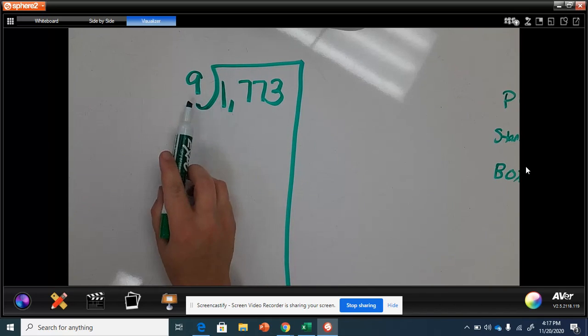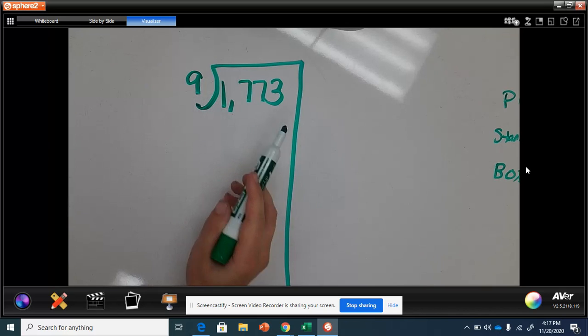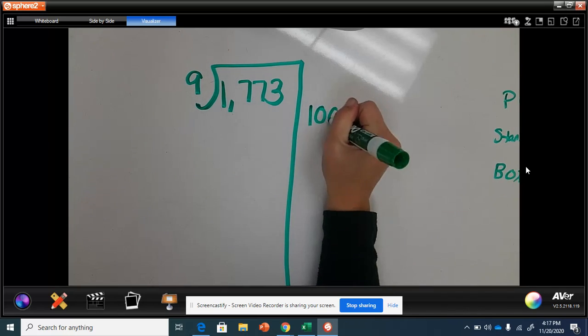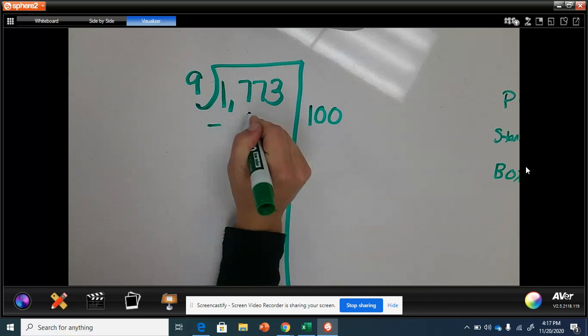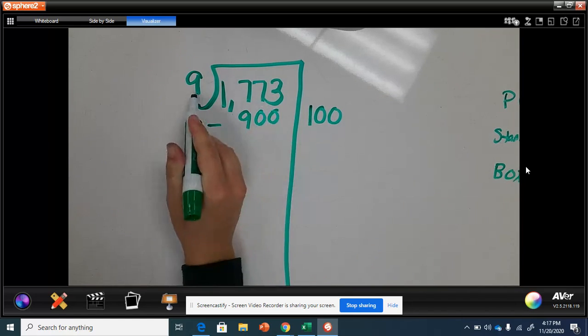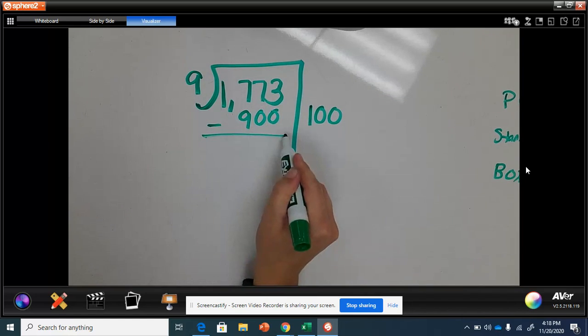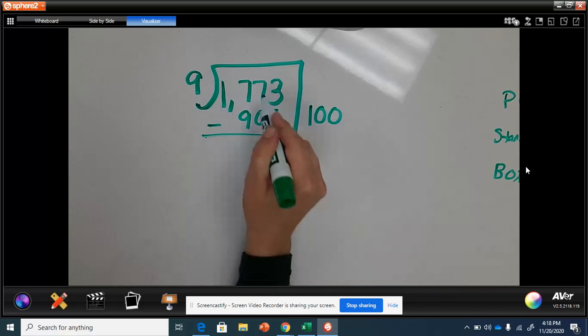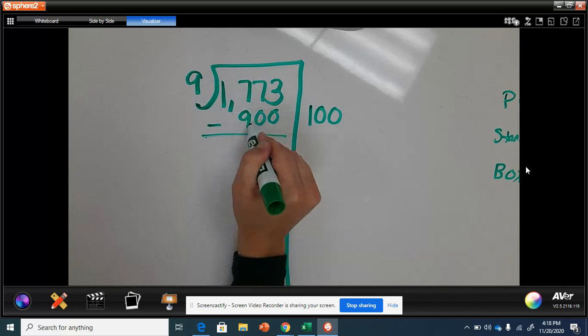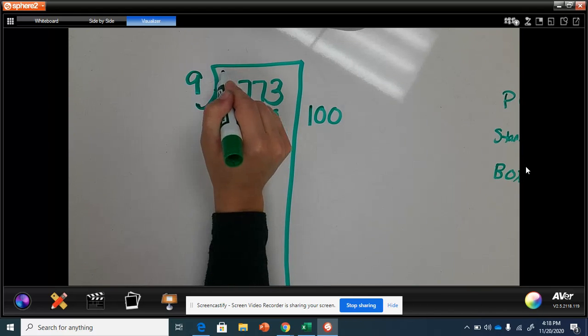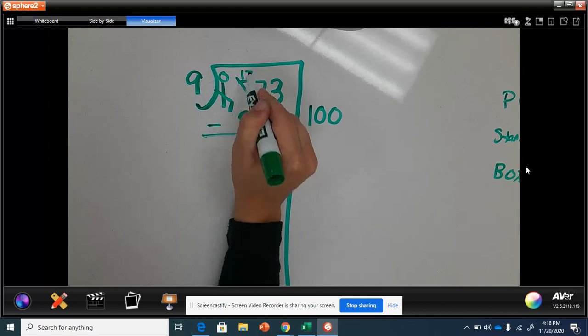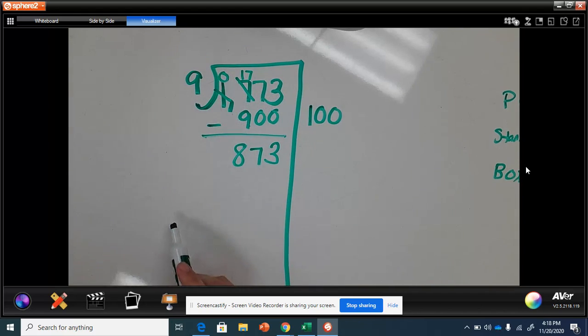Can I do 9 times 100? Yeah, I could definitely do that. So I'm going to start with 9 times 100, and I'm going to subtract 900 from here because 9 times 100 is 900. 3 minus 0 is 3. 7 minus 0 is 7. I can't do 7 minus 9, so I have to cross out the 1, make it a 0, make this a 17, and that will bring me to 873.